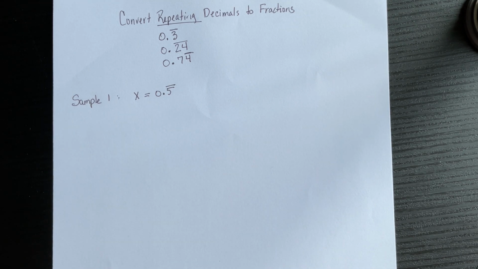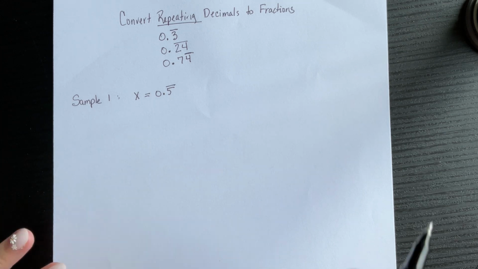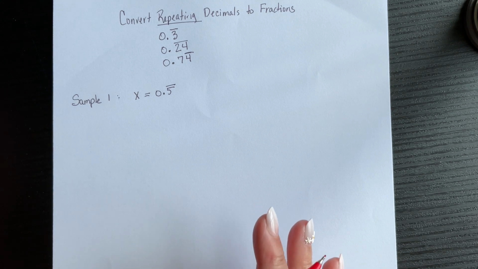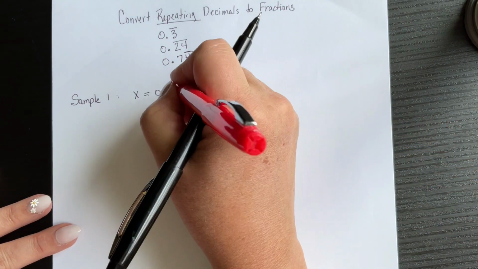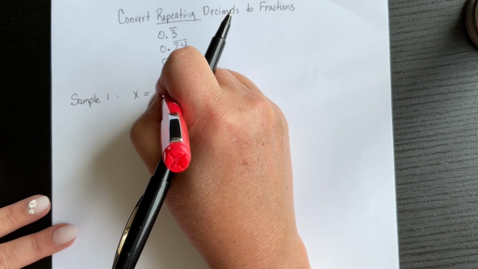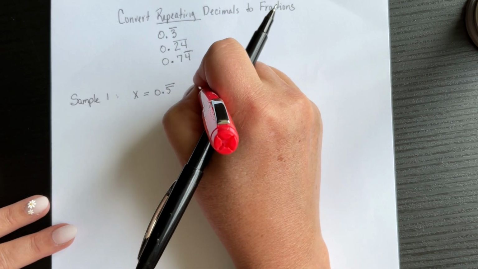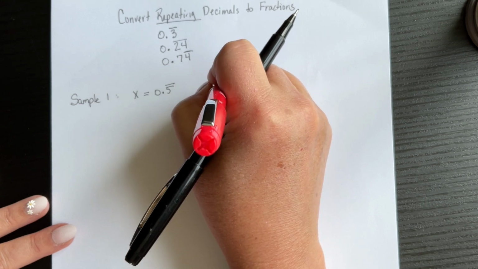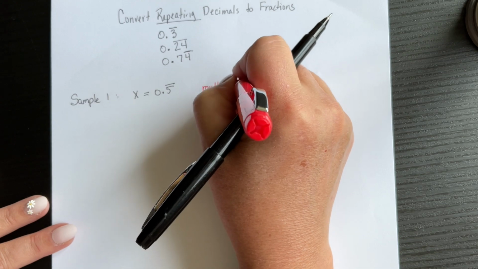So I think about my different rules when it comes to solving equations, and one of them is that I am allowed to multiply both sides of an equation by the same number, and it doesn't really change anything. So in this case, I see that there is one digit that's repeated, and so I'm going to multiply by 10.